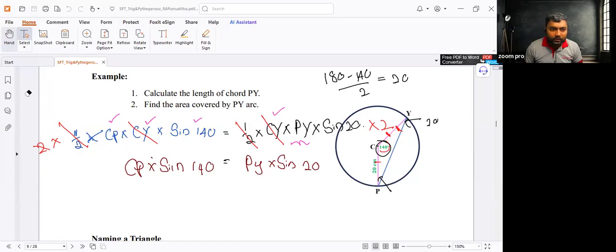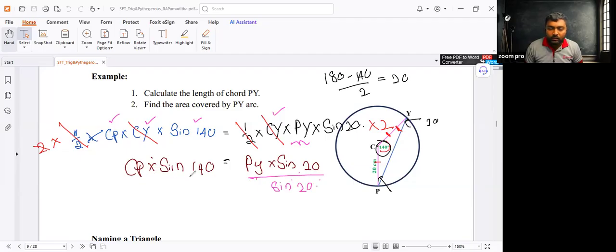But this PY is multiplied by sine 20. So I have to do the opposite operation to remove sine 20 from here. The mathematical operation between PY and sine 20 is multiplication. To remove sine 20 and make PY the subject, I have to divide it by sine 20.